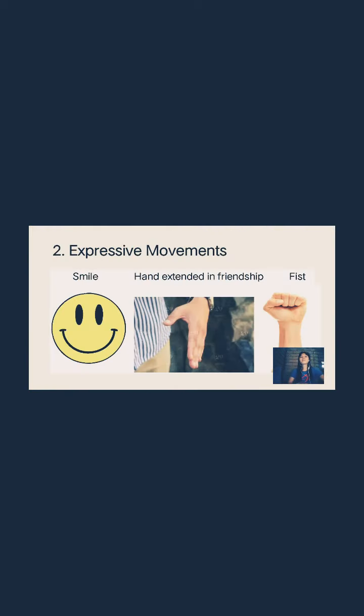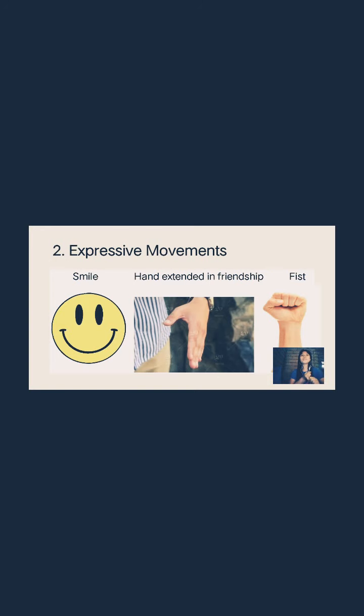So first, we have the use of the arrangement of iconography and the use of perspective in order to convey and organize the content of the image. Then second, we have expressive movement.